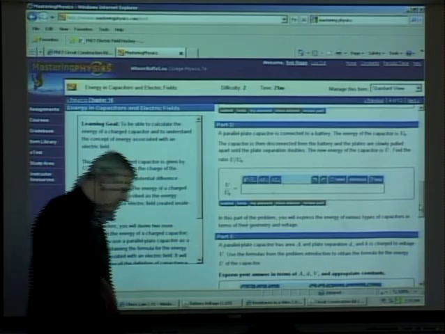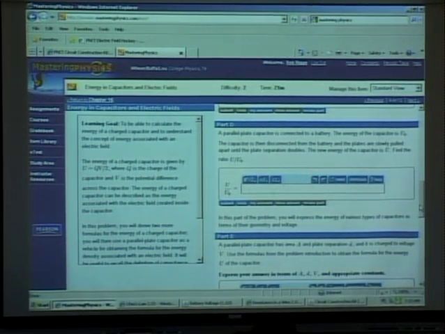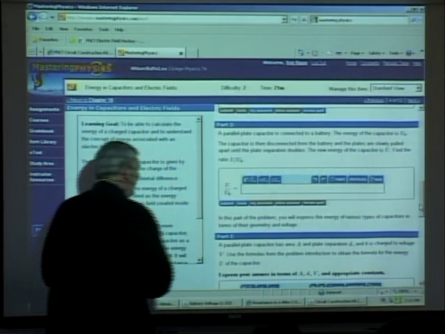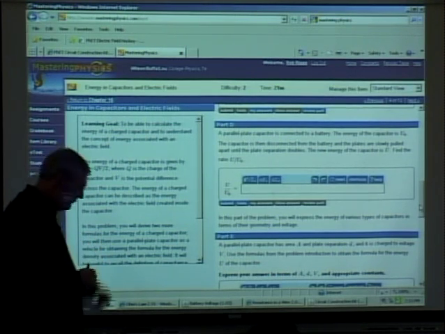Okay? And voltage is equal to E D. All right? And now E is going to stay the same, but the D is going to change. Now, what did we do here? The plates are slowly pulled apart until the plate separation doubles.